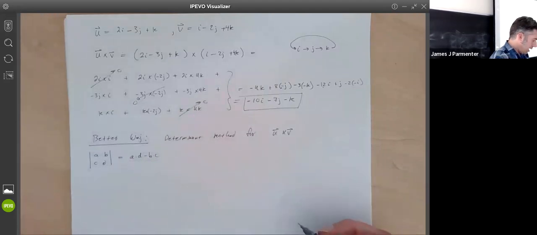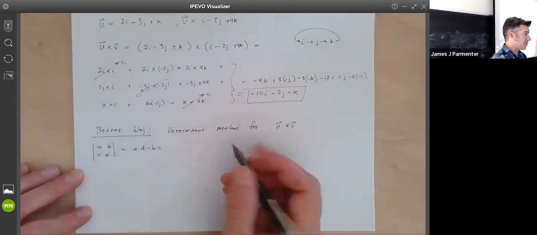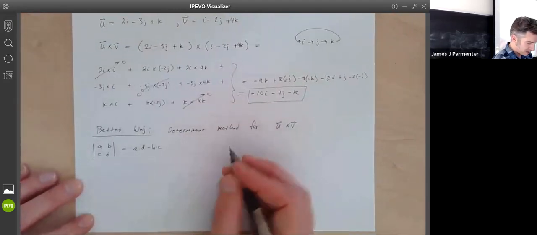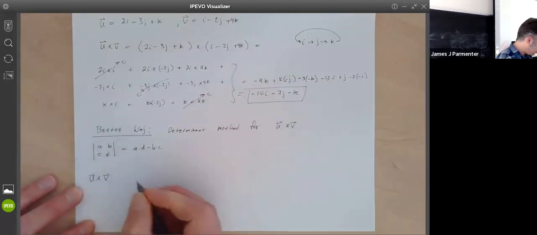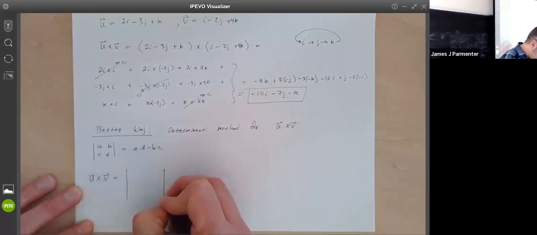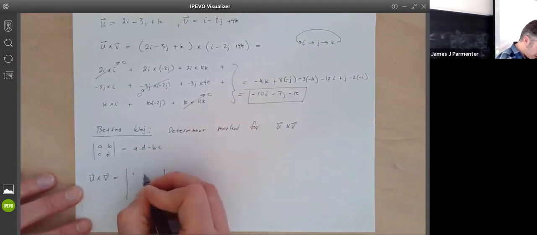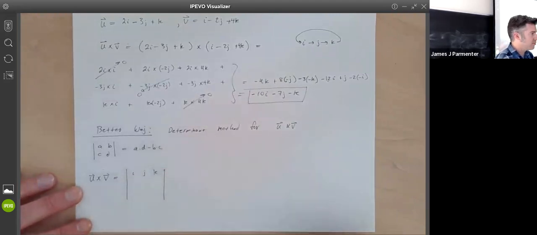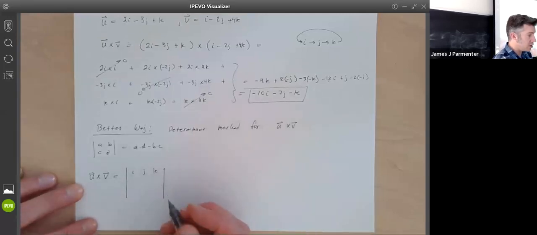Okay. And then what we're going to do is take the determinant of a 3x3 matrix, which is going to be the following. If I want to find u cross v, in the 3x3 matrix that I'm going to take the determinant of, in the first row you're just going to put the components i, j, and k. In the second row, you're going to put the coefficients of u.